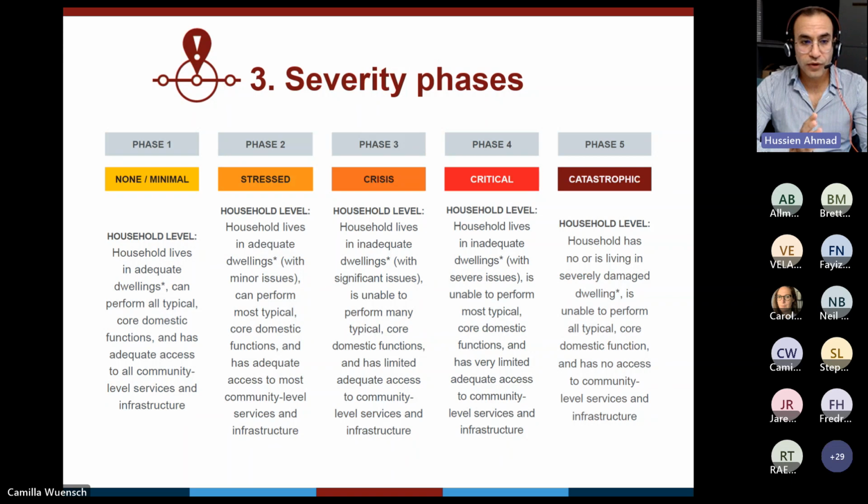The definitions of all these phases are in line with Sphere standards, and at the same time they are translated into the methodology that allows us to estimate the severity at household level and at area level, and so on, to calculate the PIN figures.